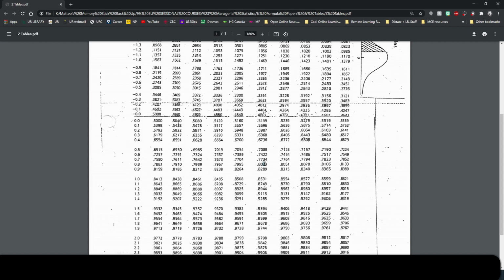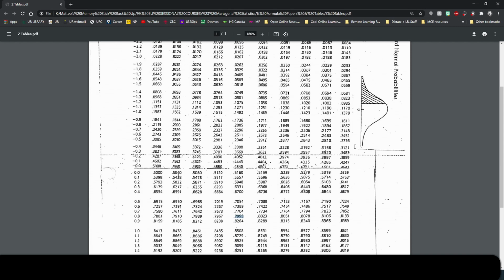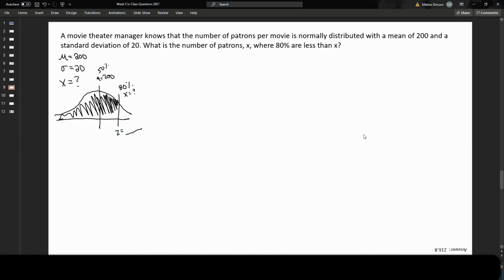So this one is 0.0023 away from 0.8, and this one is 0.0005. So this one is closer. So this is the one I'm going to use. So it's 0.84. Don't forget. So that is the corresponding z value.